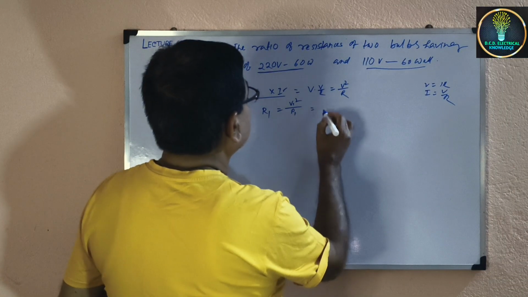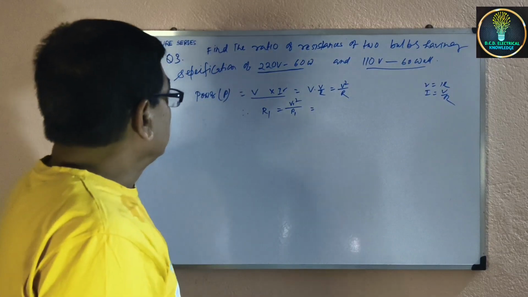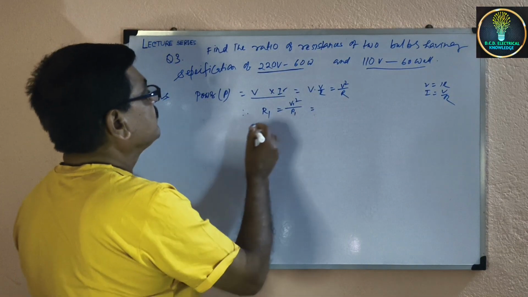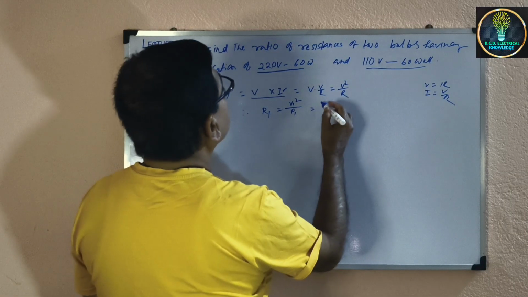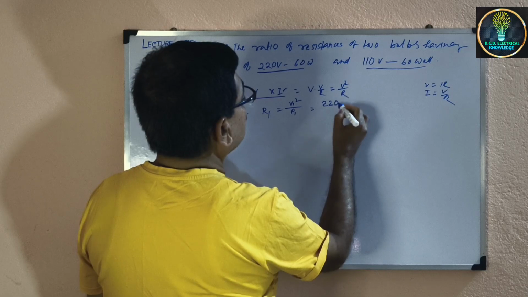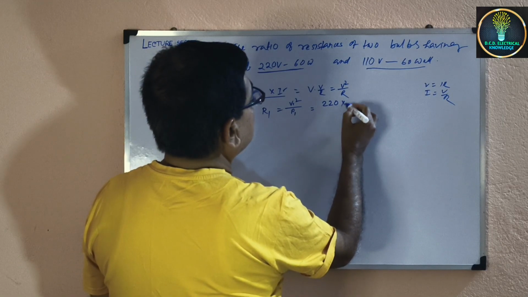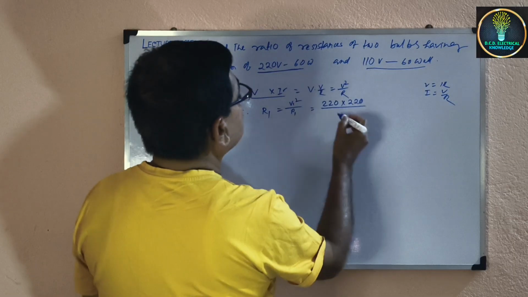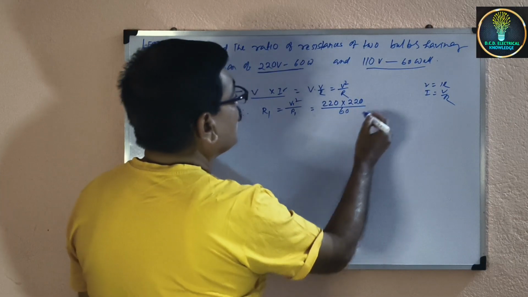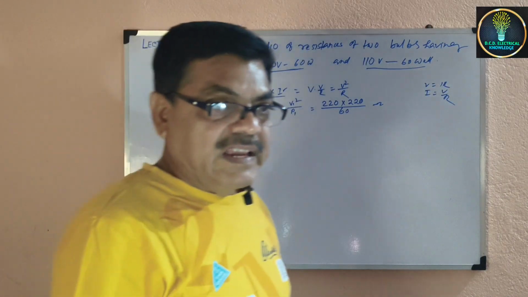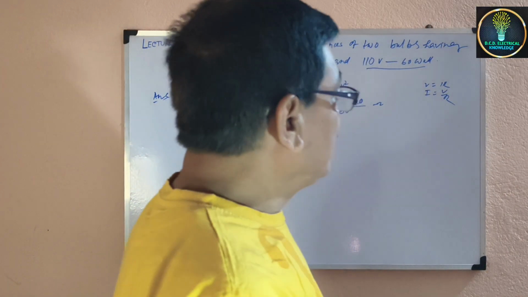Then the resistance of this lamp is 220 multiplied by 220 divided by 60. Hope it is clear to all.